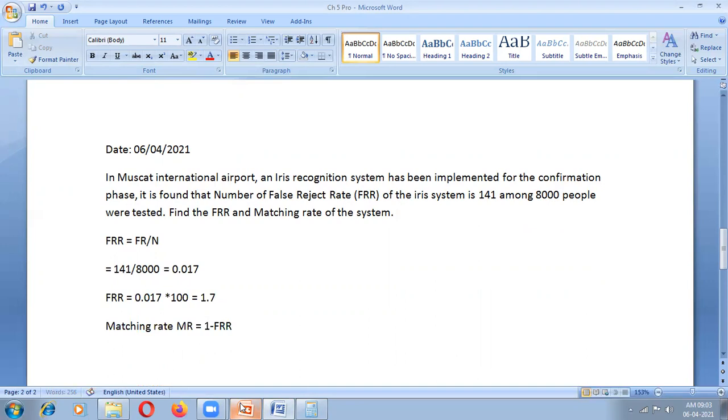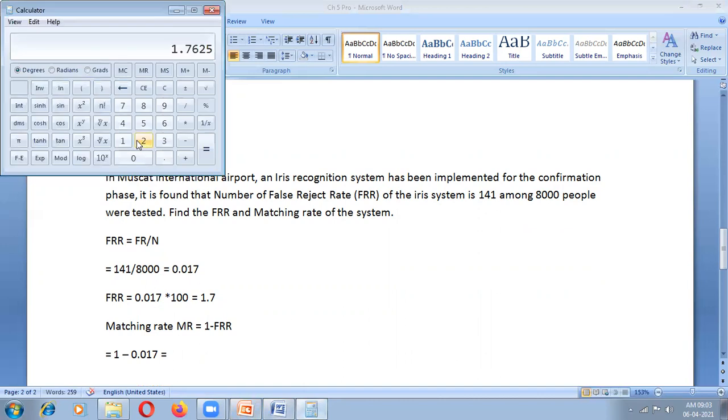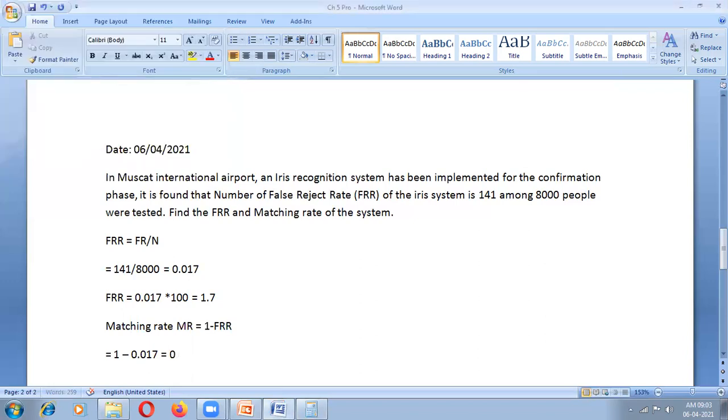So 1 minus 0.017 equivalent to, you need to calculate, 0.983.